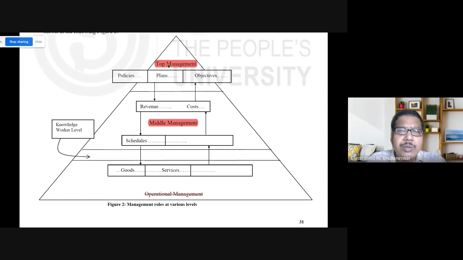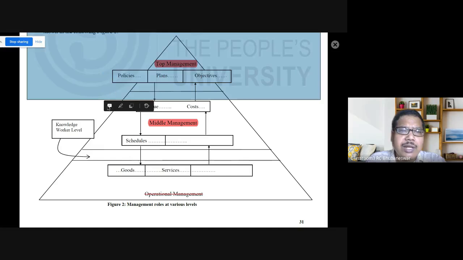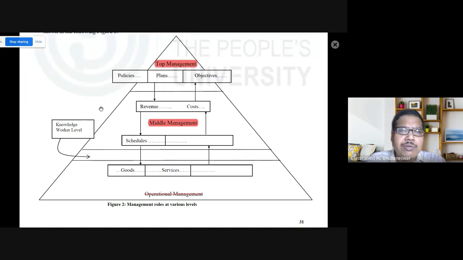The top level management will come up with a policy, and we all have to go by that. We cannot say we cannot follow this policy. So at this point the policy has to be designed by the top level executives.